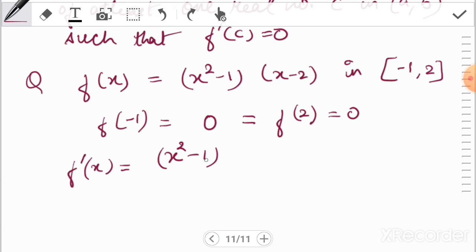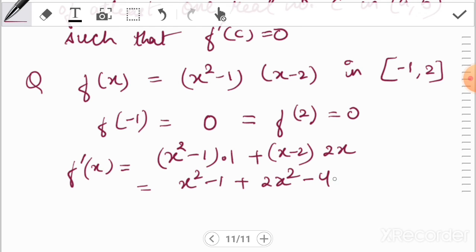Differentiating x minus 2 with respect to x, which is 1, we get (x square minus 1) plus (x minus 2) times the derivative of x square minus 1, which is 2x. So we have x square minus 1 plus 2x square minus 4x, so 3x square minus 4x minus 1.